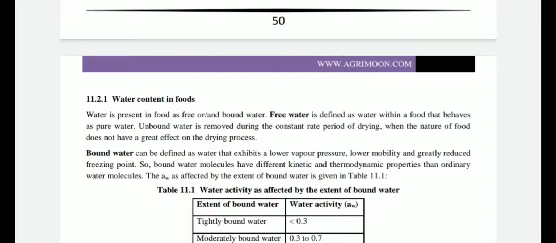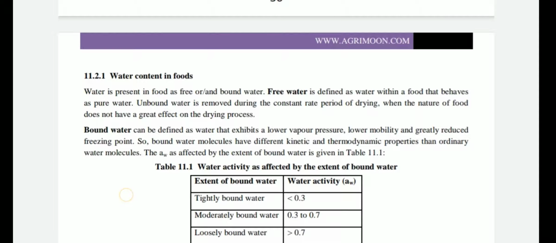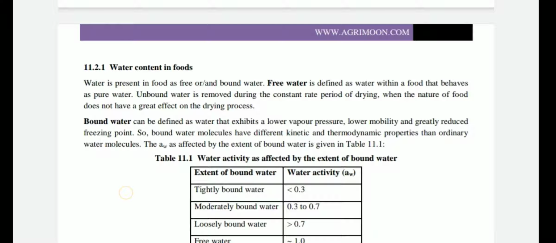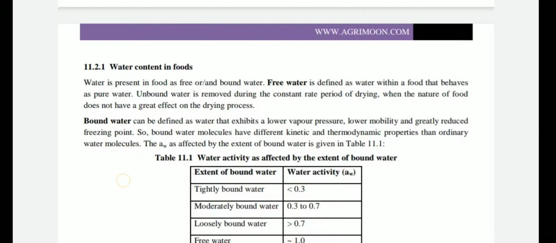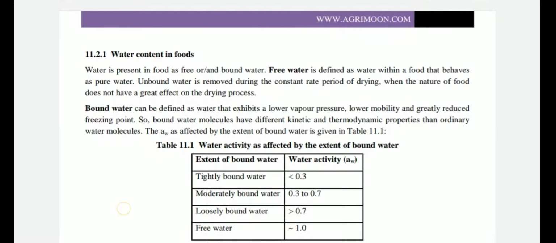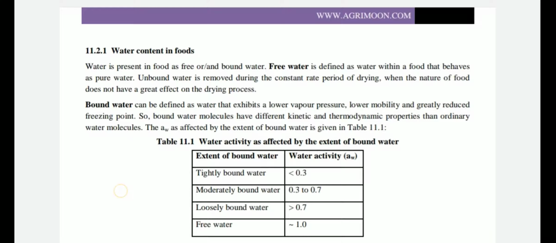Now moving to the next, that is water content in food. As we have already discussed, water is present in food in two forms. First is free water and second is bound water. What is bound water? It has lower vapor pressure, lower mobility, and a greatly reduced freezing point.